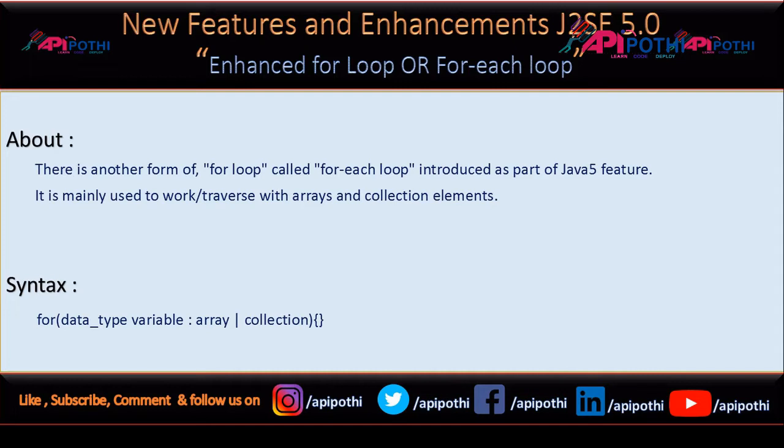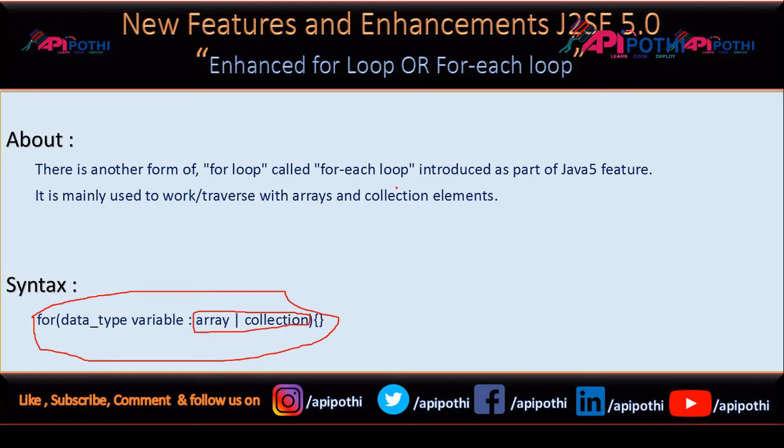But you have to understand that this is basically to traverse or iterate over an array or any of the collections API. Okay, so the basic syntax is that we will have one for loop, as you see. Inside the for loop we will have the source that we are receiving from the API.